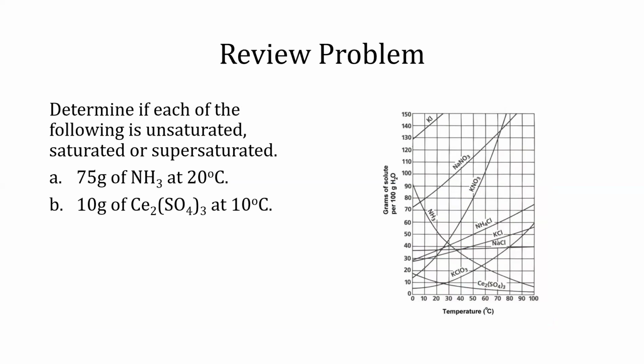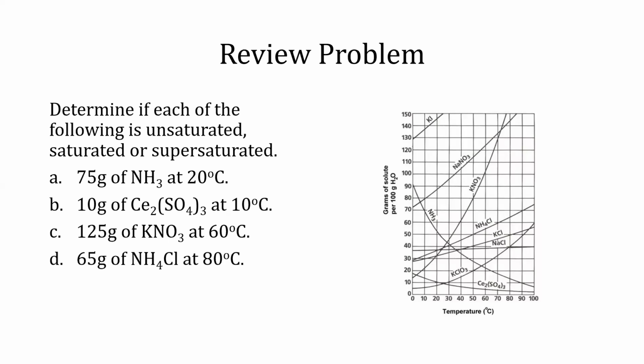B, 10 grams of Ce2(SO4)3 at 10 degrees Celsius. C, 125 grams of KNO3 at 60 degrees Celsius. D, 65 grams of NH4Cl at 80 degrees Celsius. E, 145 grams of NaNO3 at 80 degrees Celsius.